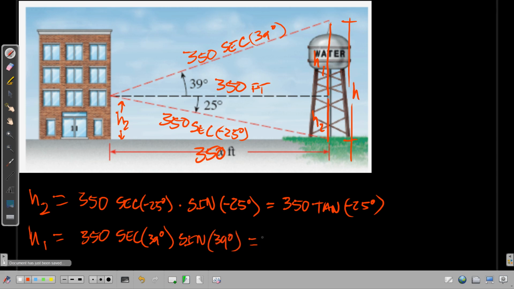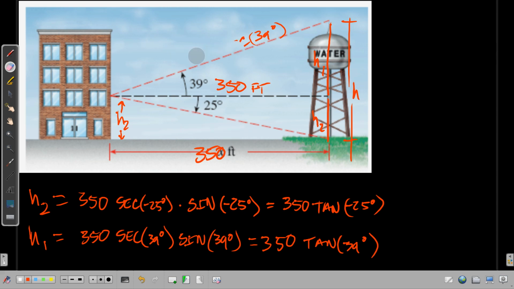There was probably a way for me to recognize that tangent was going to pop out here anyway. Let's see if we can figure out how tangent would have shown up.